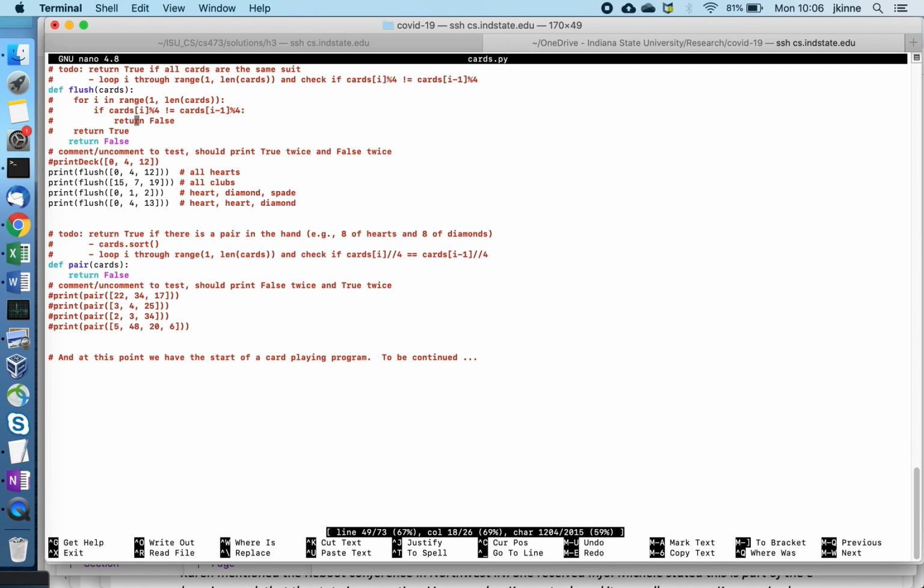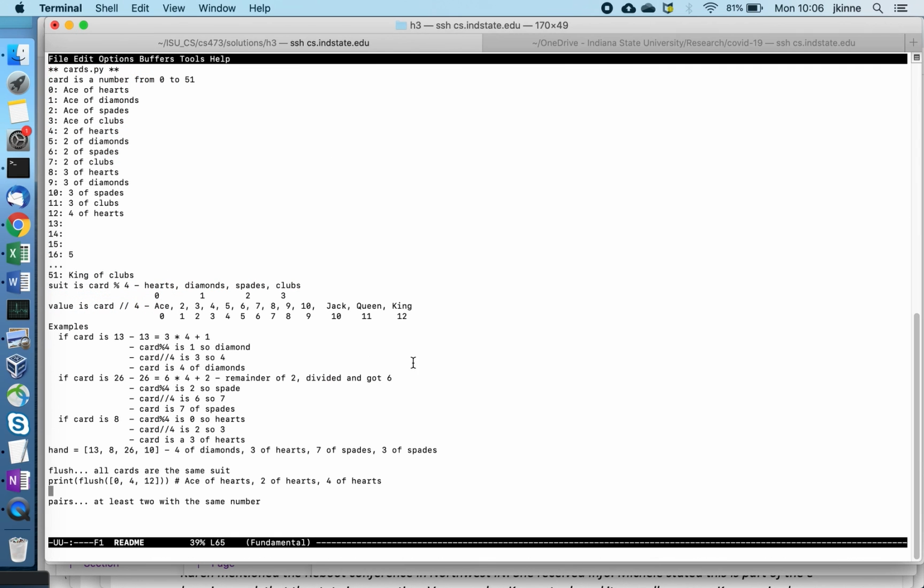Okay, so the idea, and I'm just going to look at it over here. The idea or algorithm for checking for flush is check first and second, second and third, third and fourth, and so on.